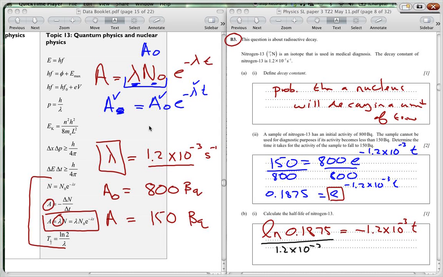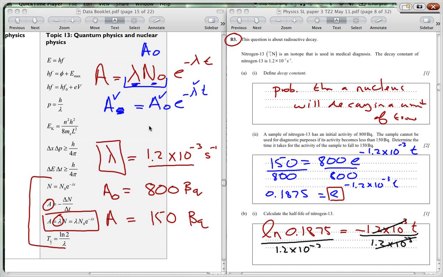We don't have to worry about the negative sign. That will come into play later on. That's not important. So I'll divide by both of those, and I'll get my t.